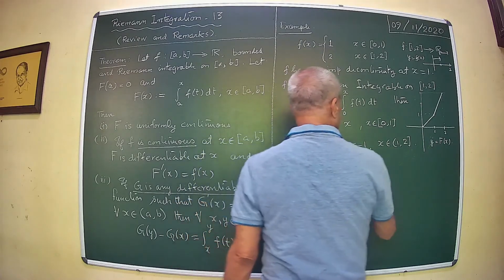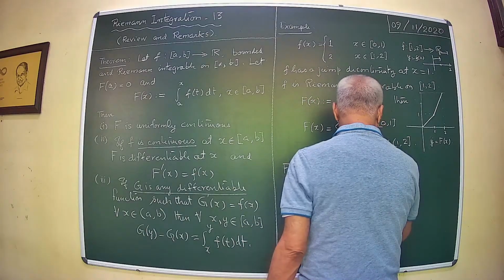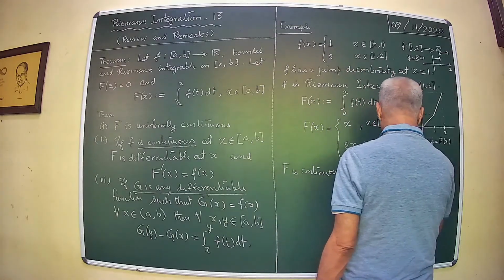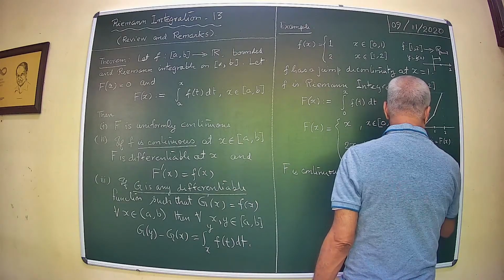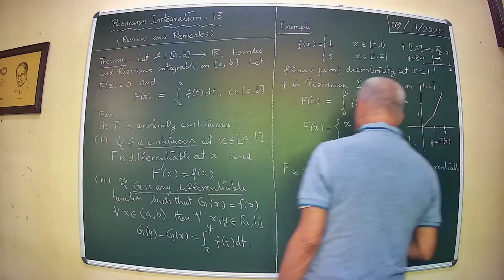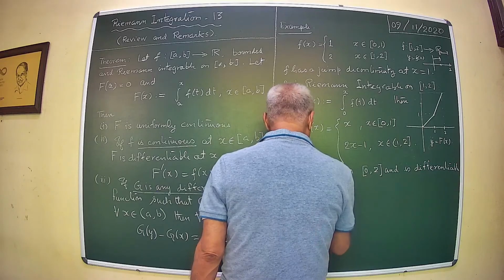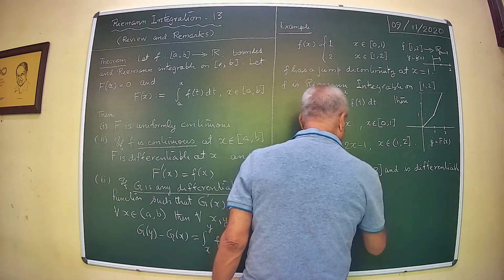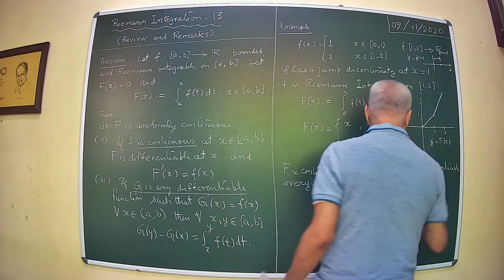On 0 and is differentiable everywhere except at x equal to 1.